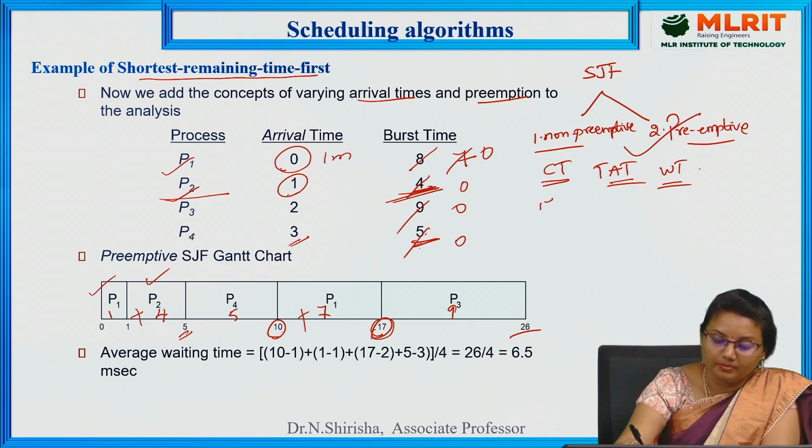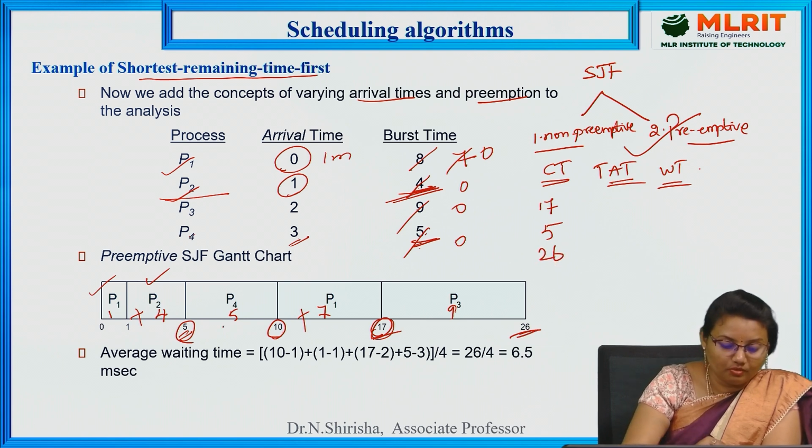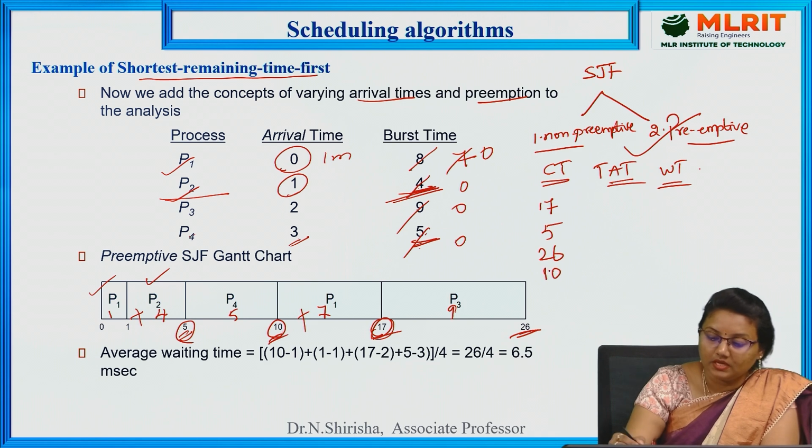P1 has been completed at 17 milliseconds and P2 has completed at 5 milliseconds, and P3 has completed at 26 milliseconds and the completion time of P4 will be 10 milliseconds. Now this will be for P1, P2, P3, P4.